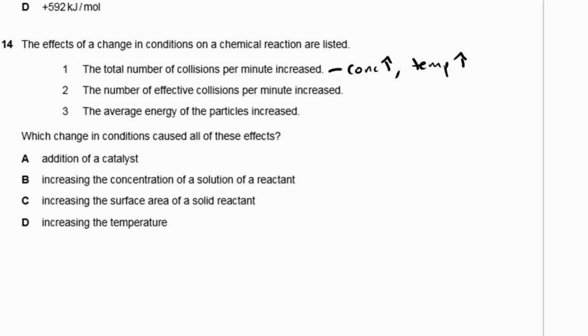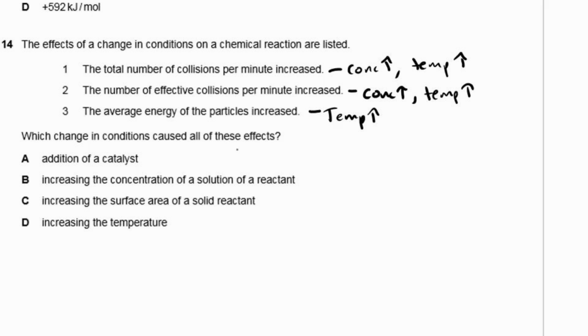So the number of effective collisions per minute increased. That could be because the concentration has increased. There's more things there to collide, more crowded. Or the temperature is increased because they're effective collisions. They have enough energy to collide. Okay, so the average energy of the particles increased. That's pretty much just the temperature has increased.